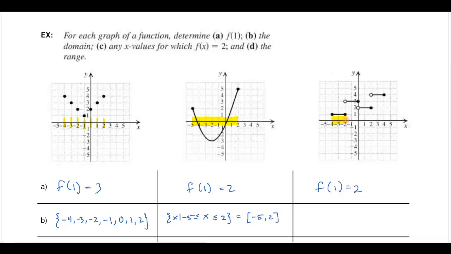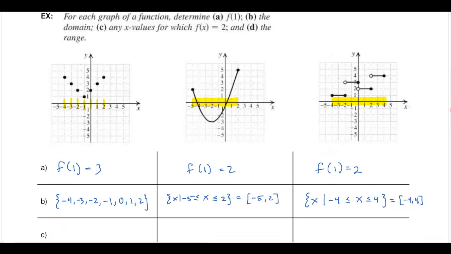So all of these x values from -4 to +4 are included in the domain. So that would be the set of x such that x is greater than or equal to -4, less than or equal to +4. Or again, in interval notation, that would be the interval from -4 to 4.